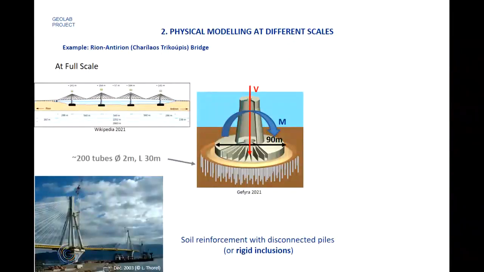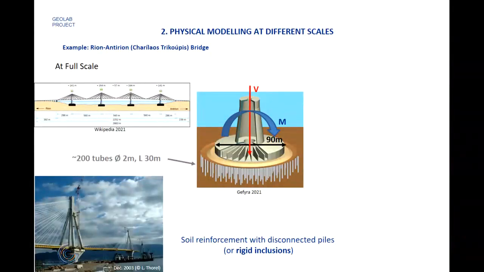This bridge is in a seismic area, and the idea of the designers was to improve the soft soil by installing rigid inclusions, tubes of 2 meters in diameter and 25 to 30 meters long, and to place over this reinforced soil a mattress of granular material in order to allow displacement at the base of the pier and also rotation.